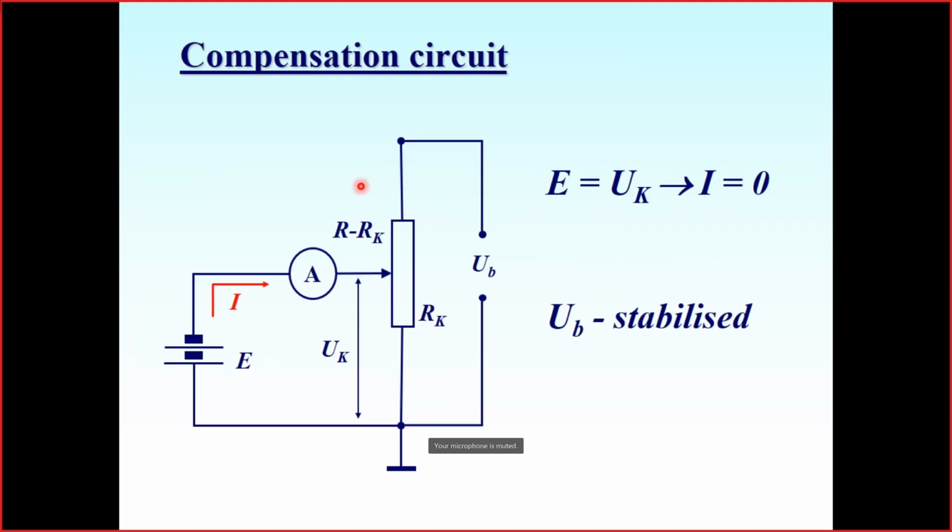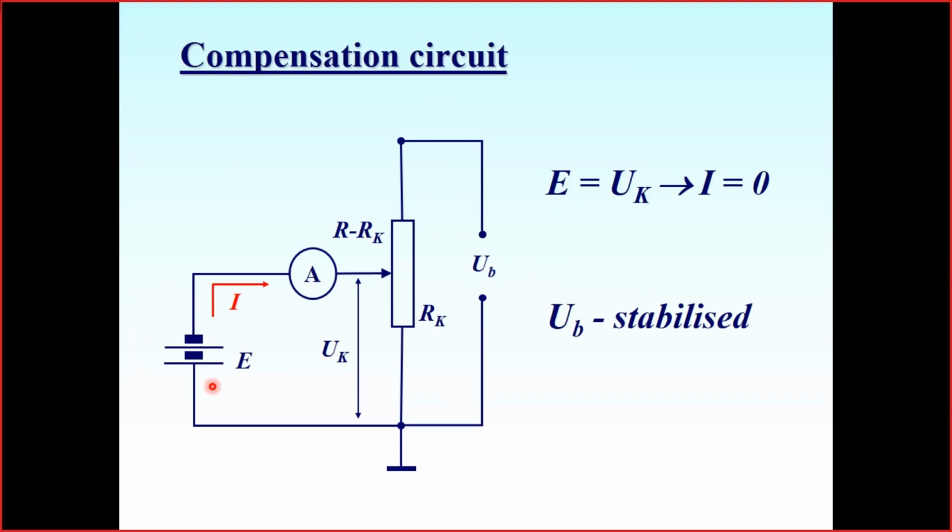So the idea of the measurement with the compensation circuit is the following. We need the voltage UB to be higher than the measured electromotive force or voltage E, and we connect the measured source in such a circuit to the sliding contact, the middle contact of the potentiometer, and we include an ammeter in this circuit. We adjust the position of the potentiometer until we get zero current in this circuit.